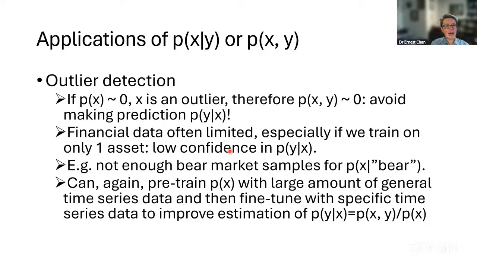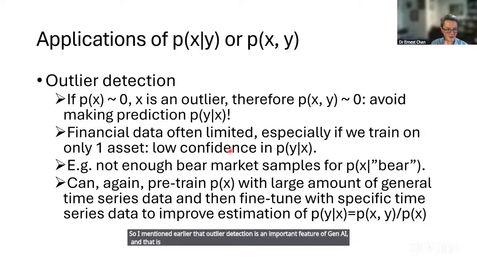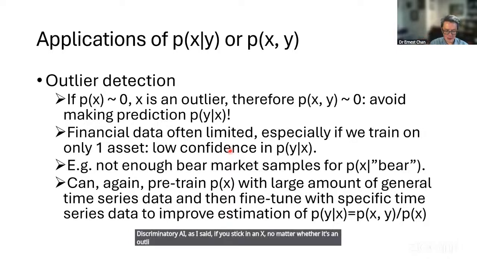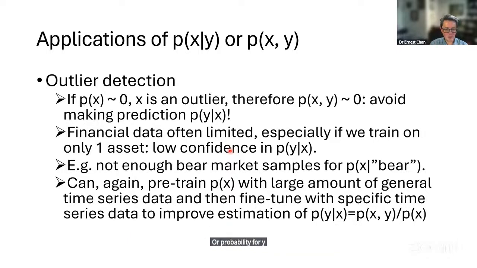So I mentioned earlier that outlier detection is an important feature of GenAI, and that is particularly important in finance because there are lots of outliers in finance. It's hardly normal. So how do we do that? Well, in traditional discriminative AI, as I said, if you stick in an X, no matter whether it's an outlier, you are bound to get a Y or a probability for Y, no matter what.